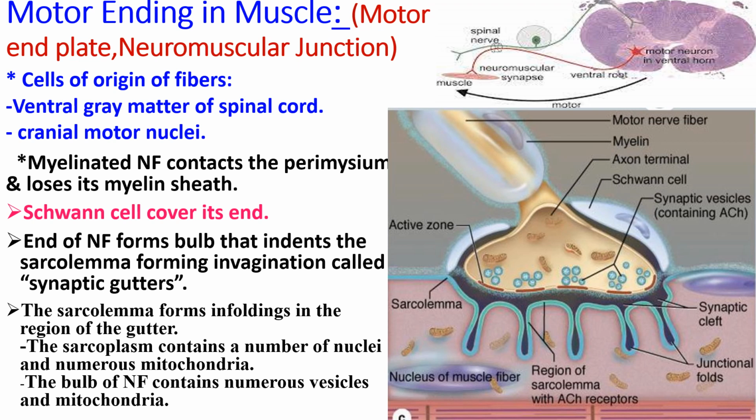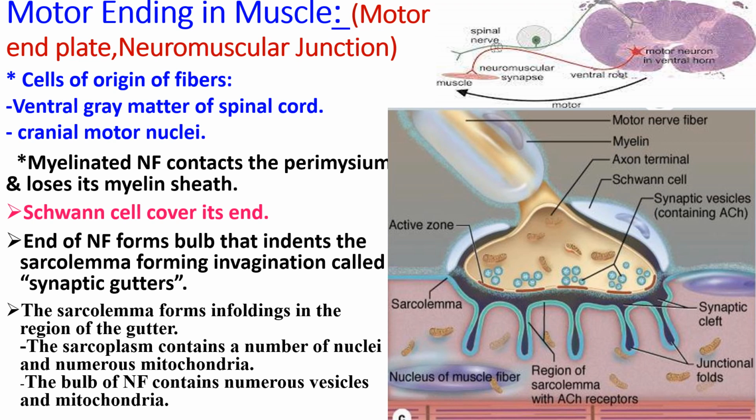When it gets in contact, it loses its myelin sheath, whereas Schwann cells continue to cover the end of the nerve fiber. As you can see in the image in the lower part, the nerve fiber was myelinated, the myelin stopped, then Schwann cell continues to cover the end of the nerve fiber.